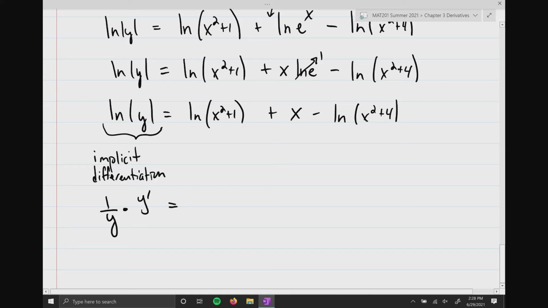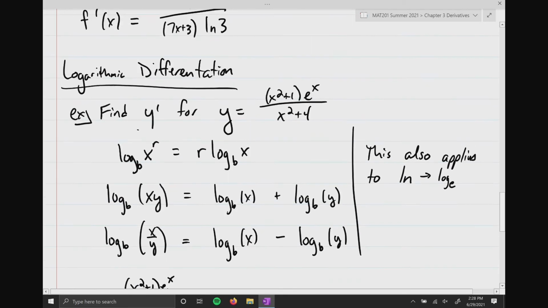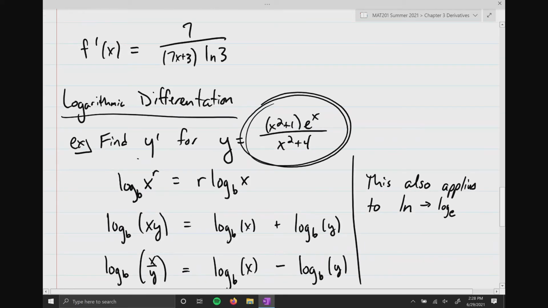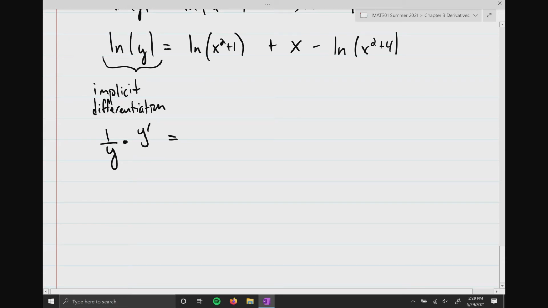Now, if you look, what used to be a very complicated looking derivative, product rule and a quotient rule, I made into just the derivative of a bunch of ln's, which are very simple.